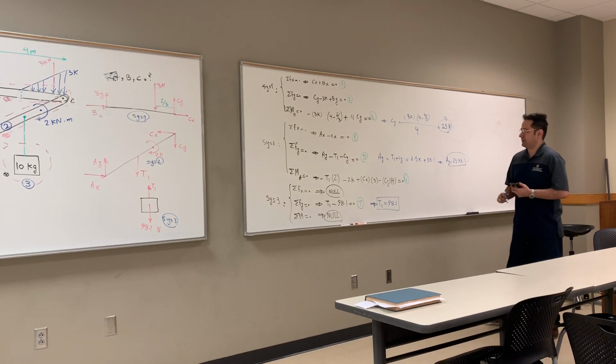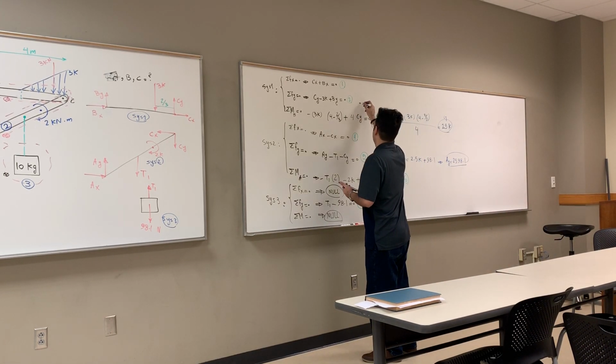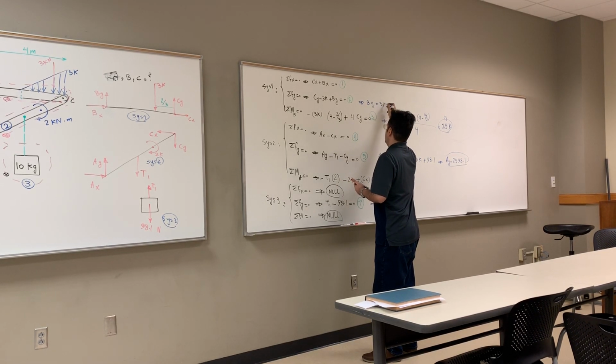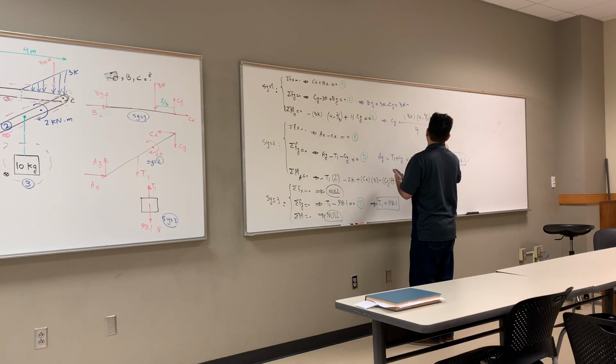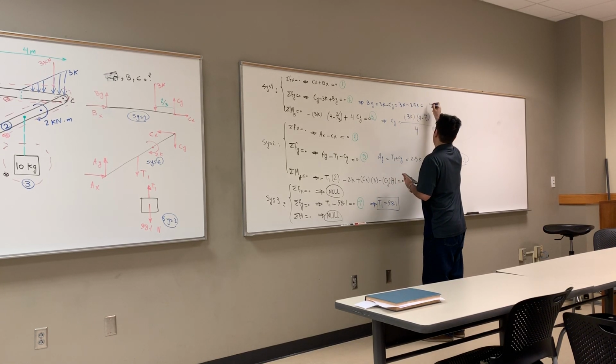Now, what is my next step? You can do it this way, right? So By is equal to 3K minus Cy, 3K minus 2.5K. So that's going to give you 0.5K or 500 newtons.